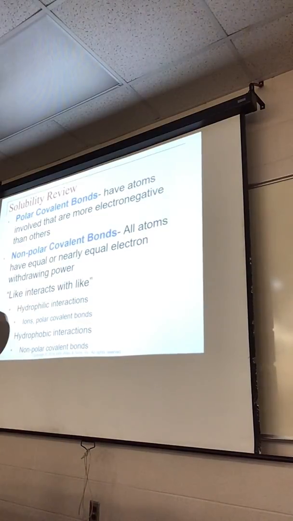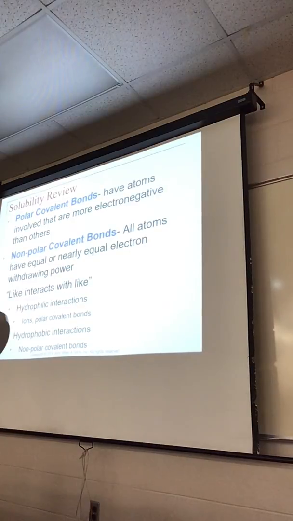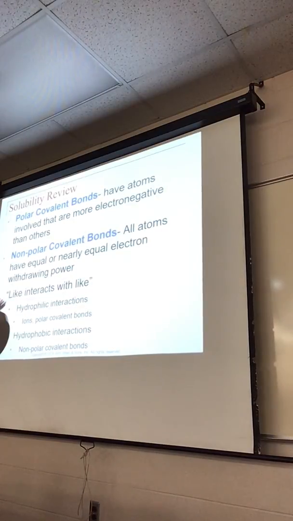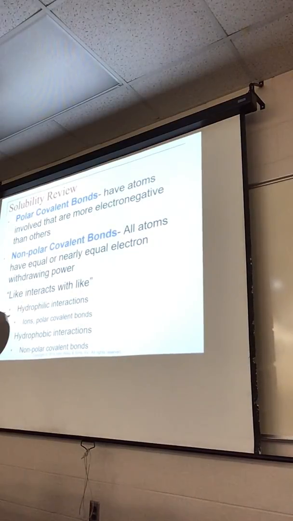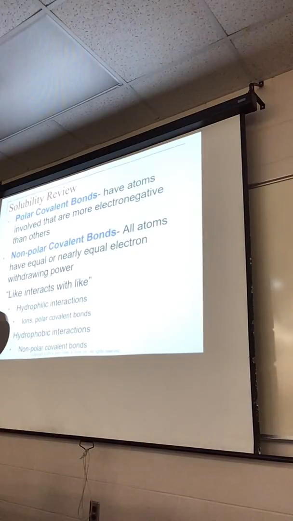So in general, when you're thinking if something dissolves well or is soluble, think about like interacts with like. Things that are hydrophilic like each other. Water-loving things like things that dissolve in water. So therefore, ions and polar covalent things tend to stick together. They interact well with the phosphate heads, which are also polar.